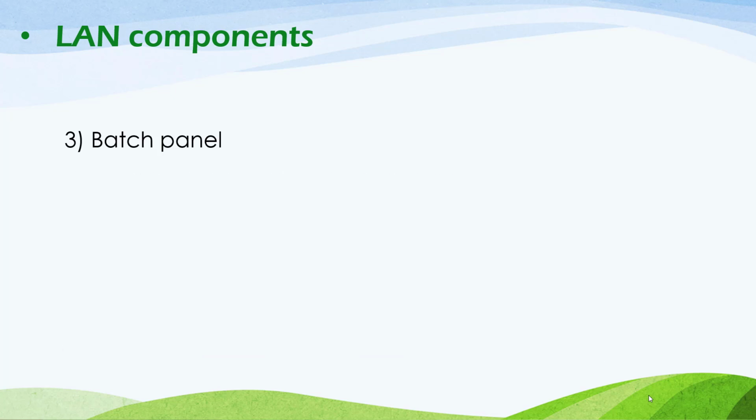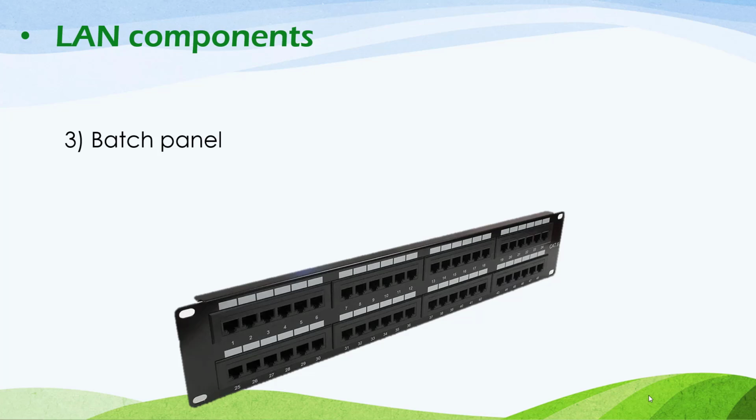And here we find the shape of the patch panel to look like this one. You can see it consists of a number of ports that are numbered to organize the connections of the cables to the different devices, as each device on the network is taking a number that is corresponding to a number on the patch panel.